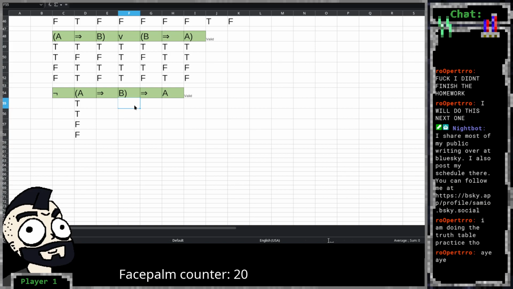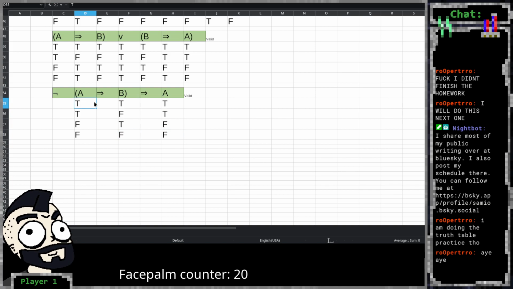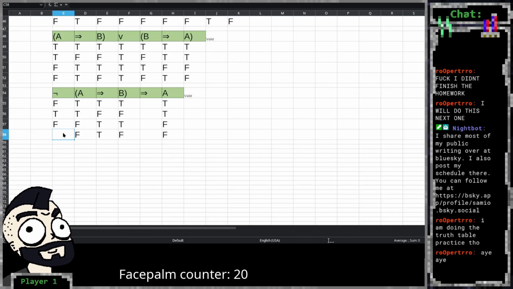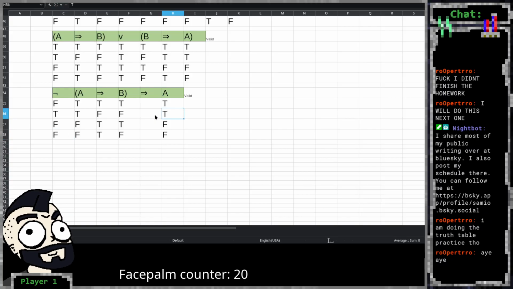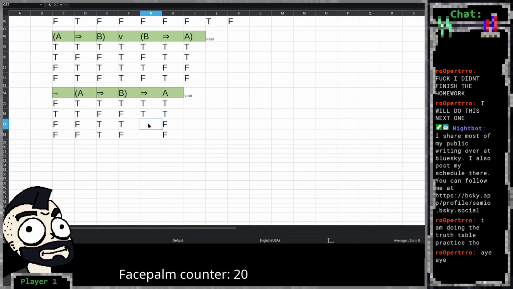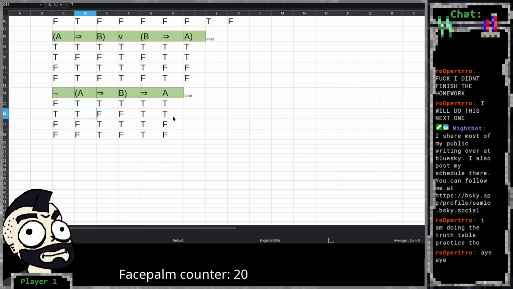True, true, false, false, true, false, true, false, true, true, false, false, true, false, true, true, false, true, false, false, true, true, true, true. Because the only way this is false is when something is true here, but false here. And the only space in which this is true, which is the negation of the implication, A is also true, therefore the same reasoning that we just did, but more explicit. Thus, this formula is valid.